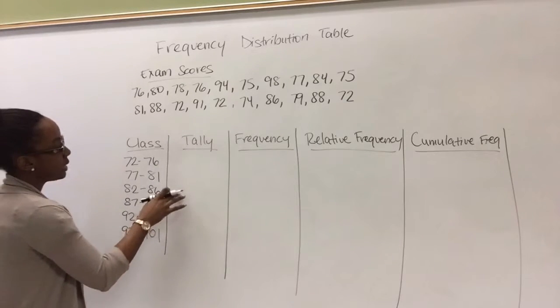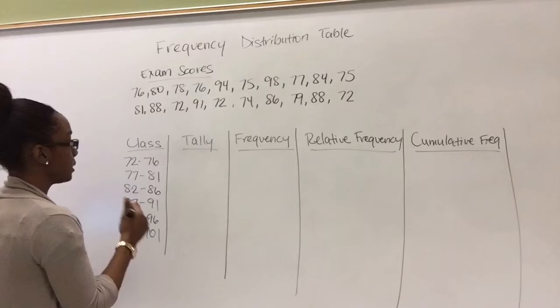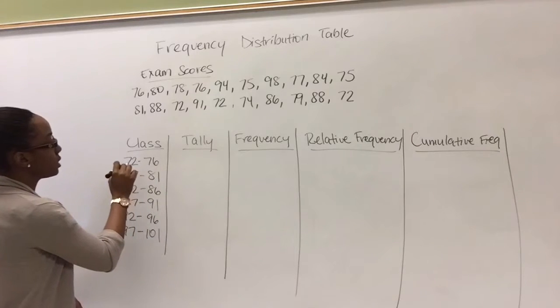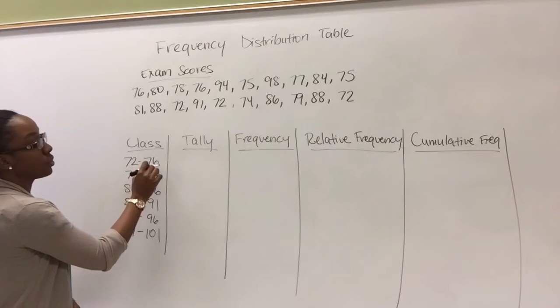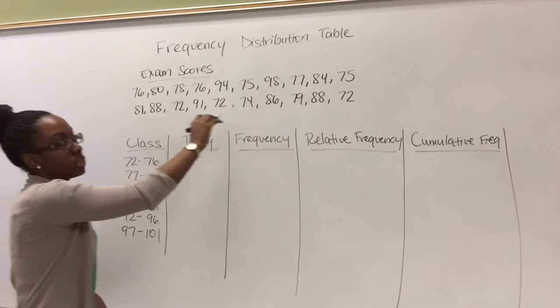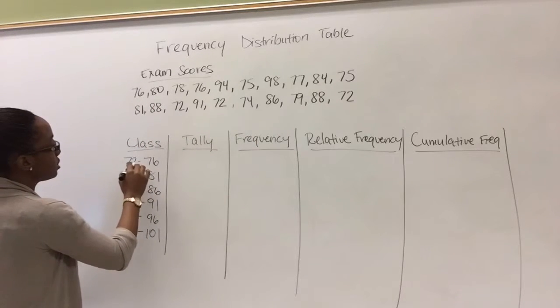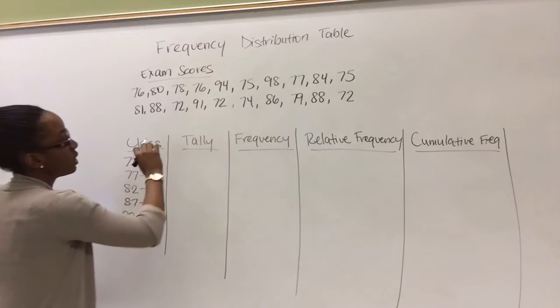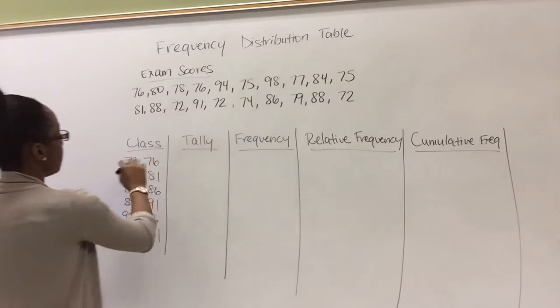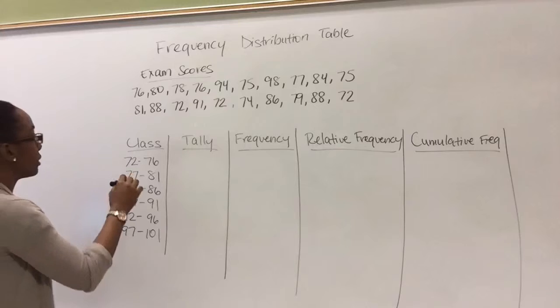All right, for the second part, which is tally, tally would be to use the numbers in your class in each row to mark off which numbers are in your data set. So for example, we have 72 through 76. Which numbers in our data set are in between or that exact number?